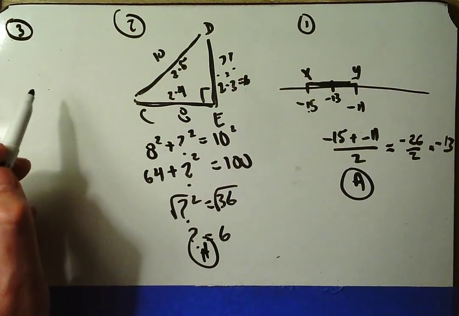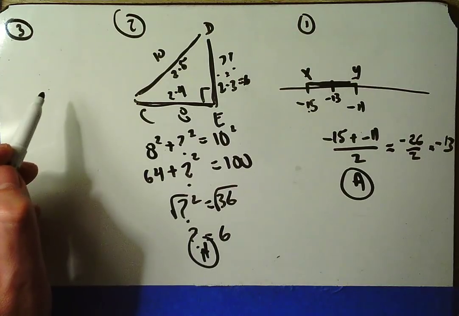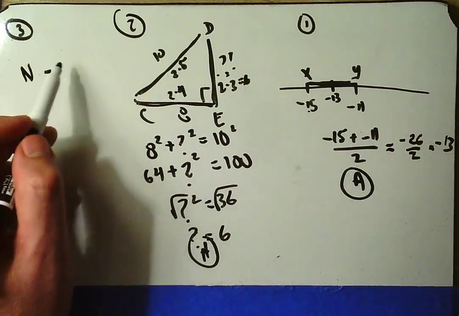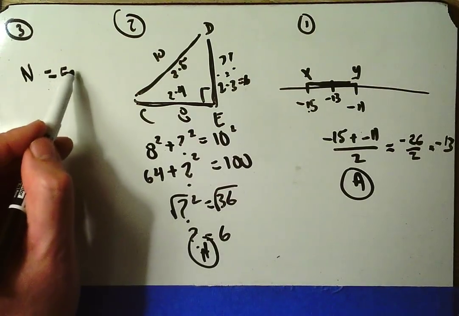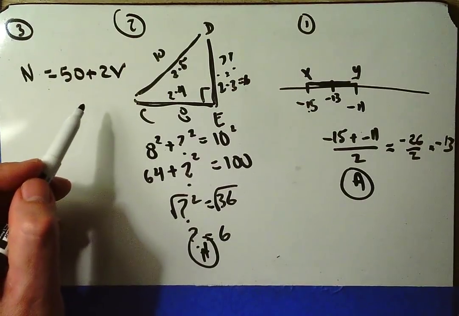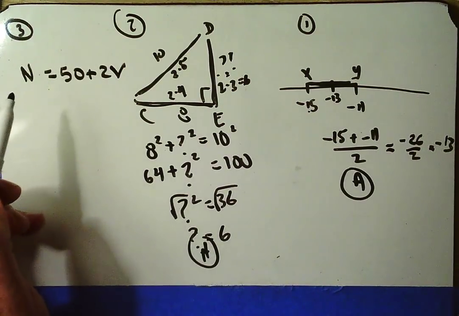Number 3. 3 says, Lucy is studying her ant farm. She needs to approximate the number of ants. She realizes the number of ants, N, is close to 50 more than double the volume of the ant farm, which the formulas below expresses this approximation.